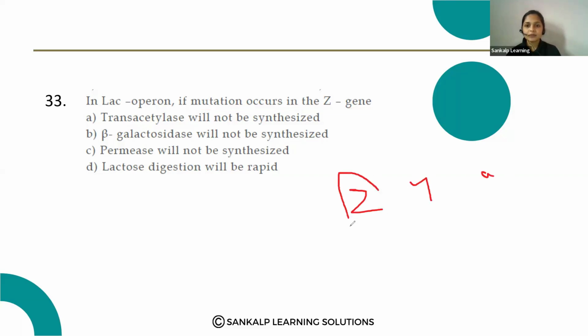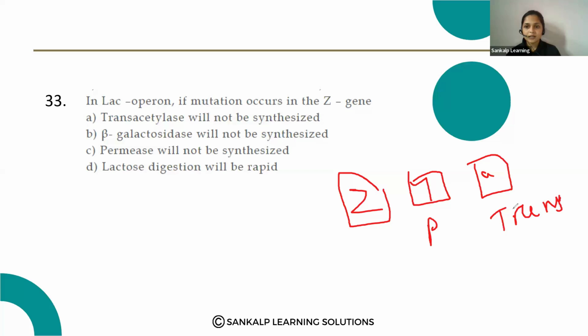Z synthesizes beta galactosidase, Y synthesizes permease and A synthesizes trans acetylase.